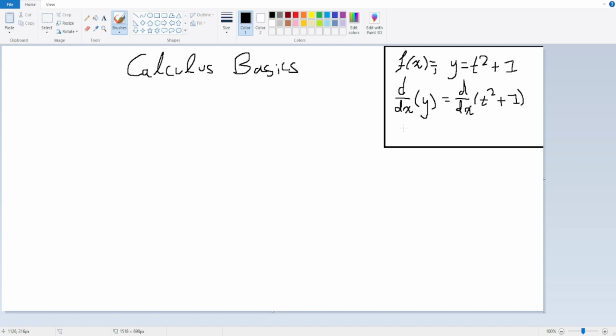In that same way, an integral is also an operator that you do on a function. So the integral of y. Because y is a function of t, we have dt in our integral.